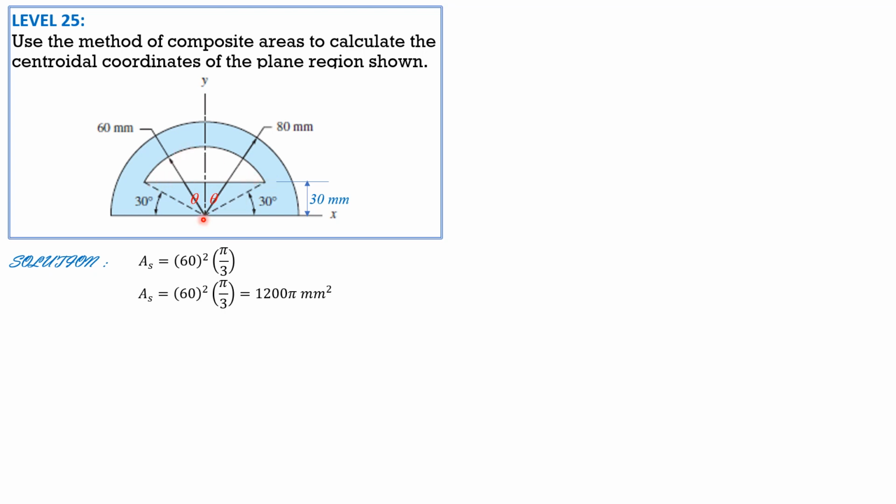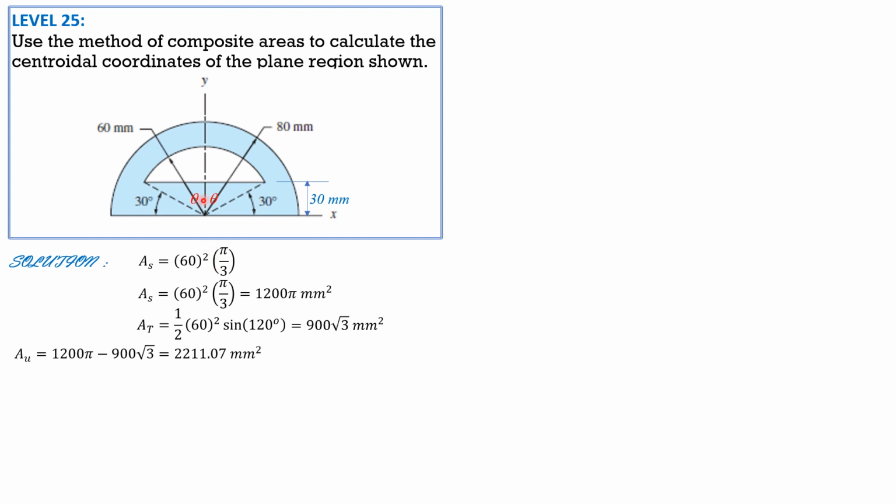Then the area of triangle, because the unshaded area is area of sector minus area of triangle. The area of triangle is 1/2 product of adjacent sides times sine of the angle included. So area of triangle is 1/2 60 square sine of 120 degrees, so area of triangle is 900 square root of 3 mm square. So the unshaded area therefore is 1200 pi minus 900 square root of 3, and that is equal to 2211.07 mm square.